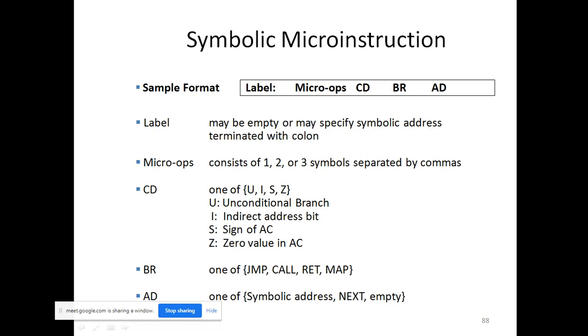CD consisting of one of U, I, S, comma Z. Branch, that may be a jump or call or return or mapping. Address field consisting of one of symbolic address or next or empty.